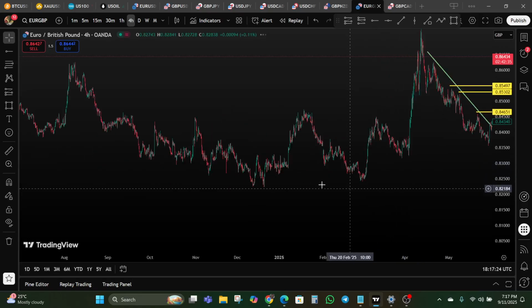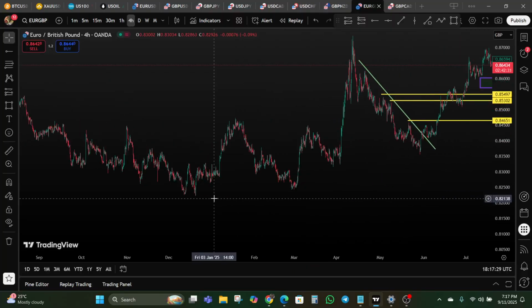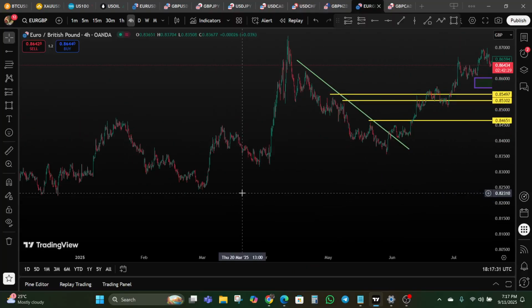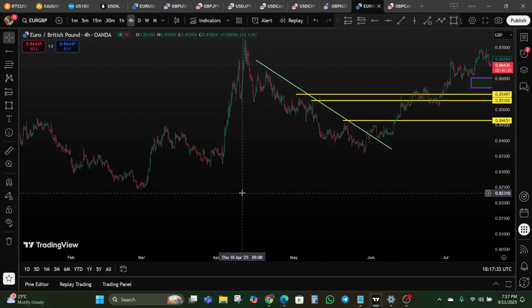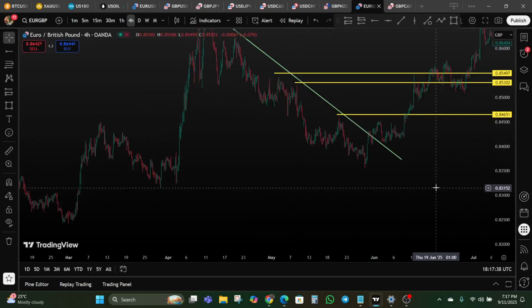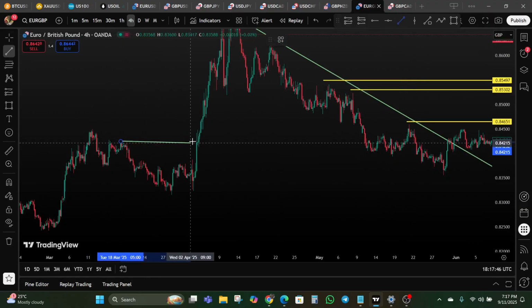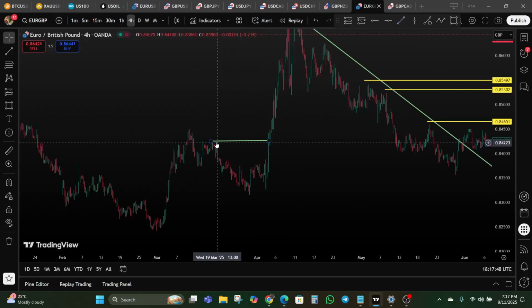Now, I want to look for a good example. So we actually had a change of character here, right? You can see that price rose above this high.